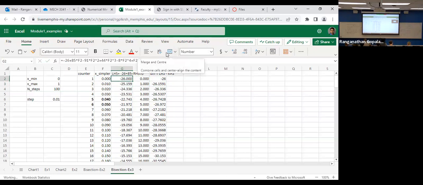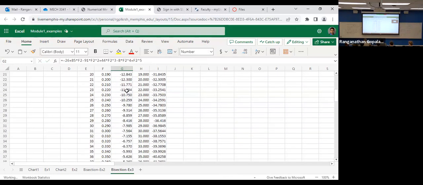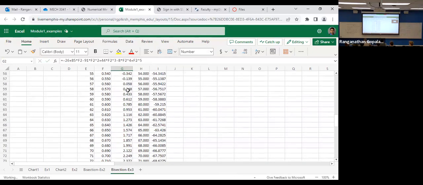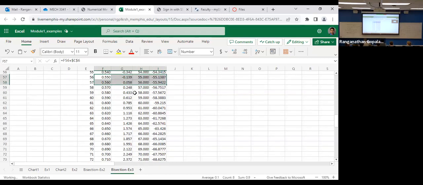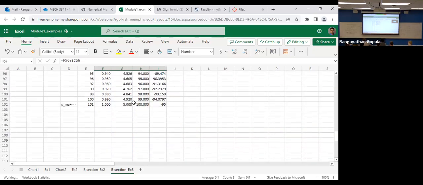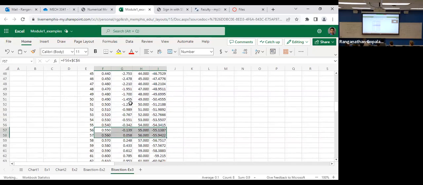Told you just listen, don't worry about writing too much. I'll give you time. So it starts at minus 26. It reduces. At some point, there is a change in sign right between 0.55 and 0.56. You can see that right here. And then it goes on, becomes more positive as it goes.